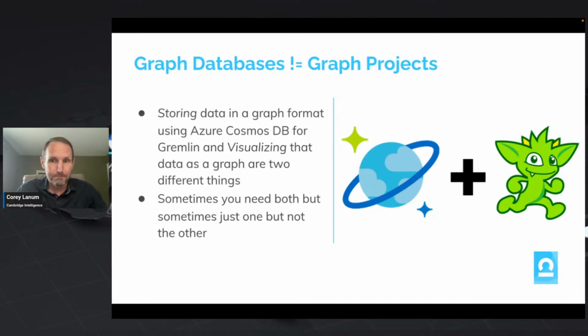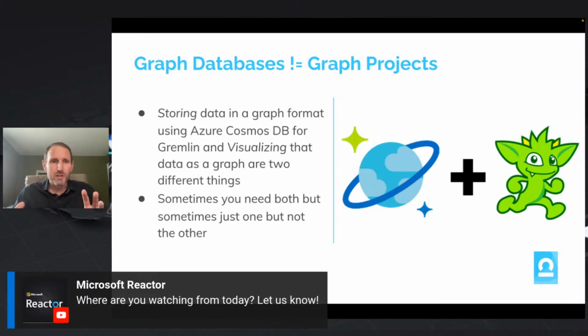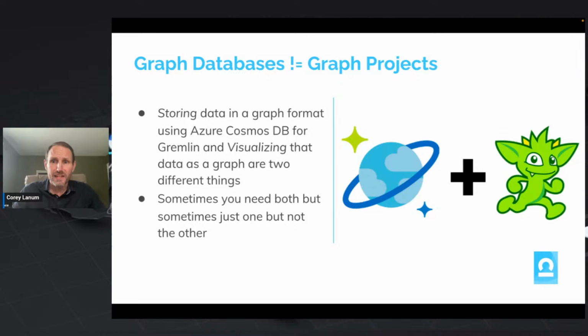So the first thing I want to mention, though, is that oftentimes the distinction between what a graph database is and a graph project is a little bit blurry, and they aren't really the same thing. You can definitely have applications where I want to show something as a graph.